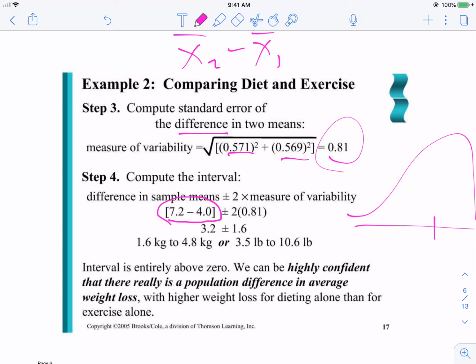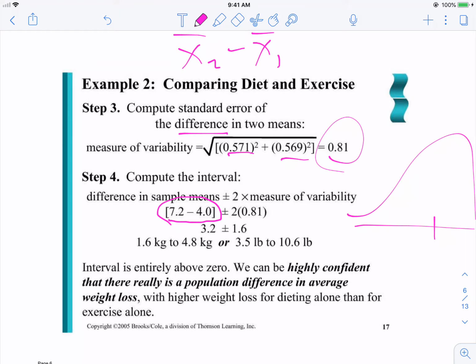Typically you do have the larger value minus the smaller value, but technically it could be small minus big, though the order could be important, recognizing that you get a negative value, and you're talking about a negative difference here. So it makes sense to have big minus small.